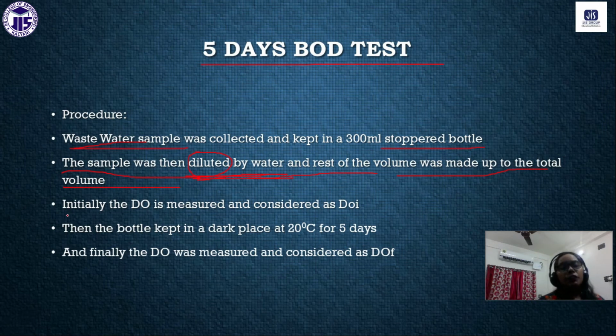After dilution of the wastewater sample, we have to measure the initial amount of dissolved oxygen, which is considered as DOI, dissolved oxygen initial. Then we keep the bottle in a dark place at 20 degrees centigrade for 5 days.